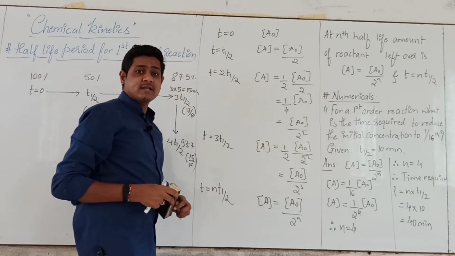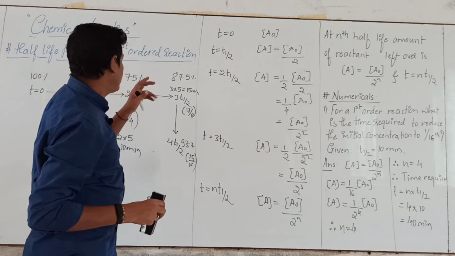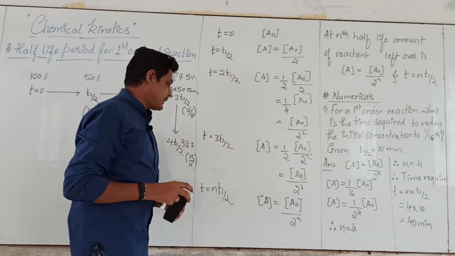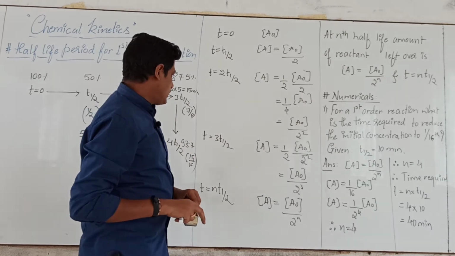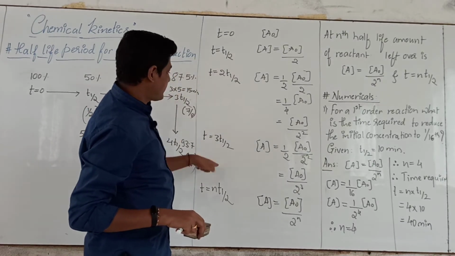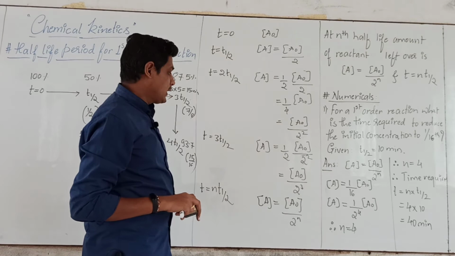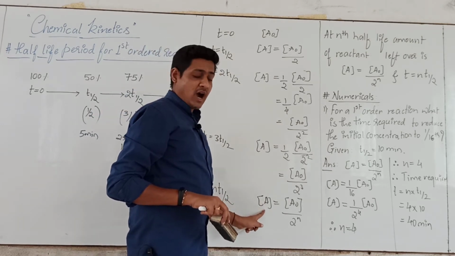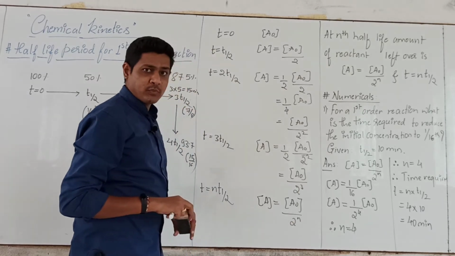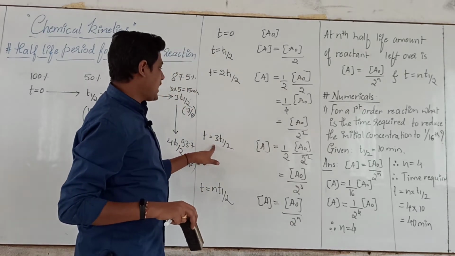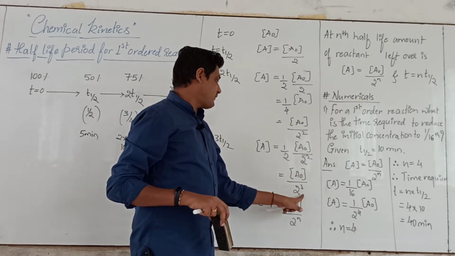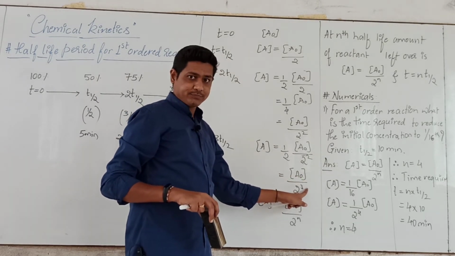Yes, students, we were discussing the half-life period of the first order reaction, and from this what we can say is that as the half-life period is increasing, we can calculate the amount of reactant remaining after nth half-life. Say, at the third half-life, the amount of reactant left is initial concentration divided by 2 to the power 3.